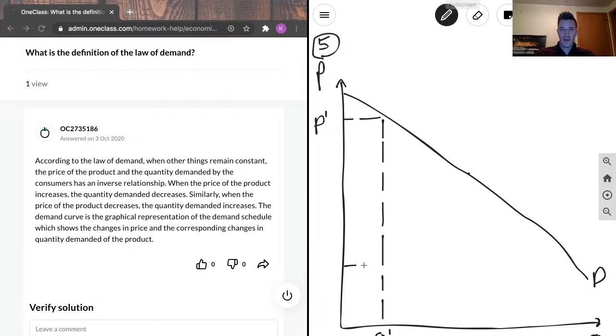Similarly, with a very low price, a lot of units are going to be sold at Q2 here, but the price is low at P2. So that's how this line illustrates the law of demand. As the price decreases, the quantity demanded increases. As the price increases, the quantity demanded falls.